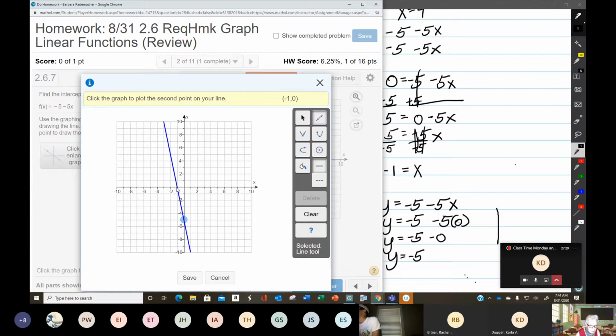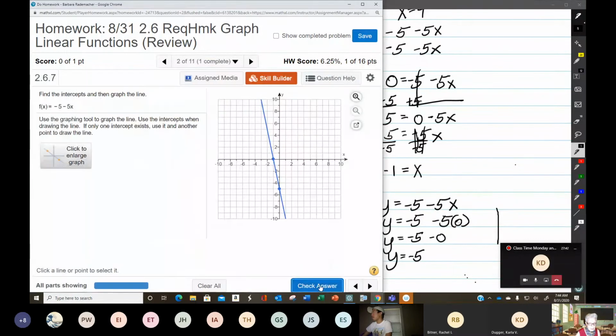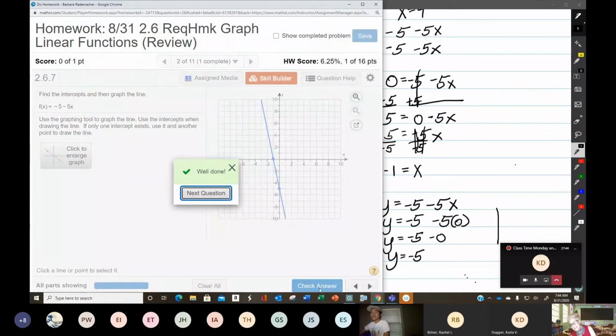And look in the upper right-hand corner. That says I'm at -1, 0, so we agree. Now I'll save. Now I'll check. Yes. Okay. One little nasty negative sign.